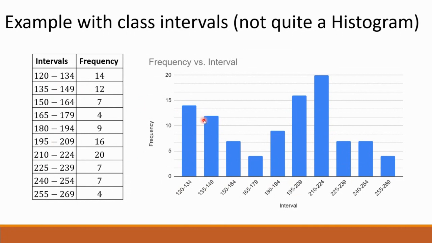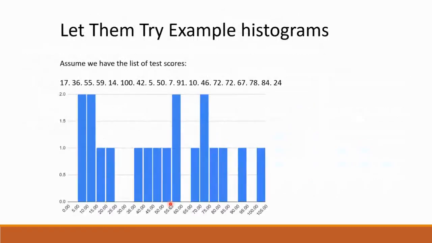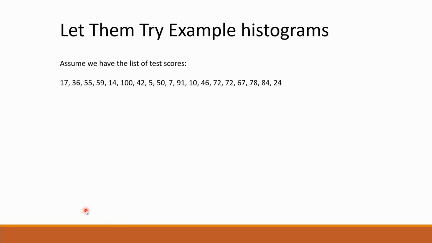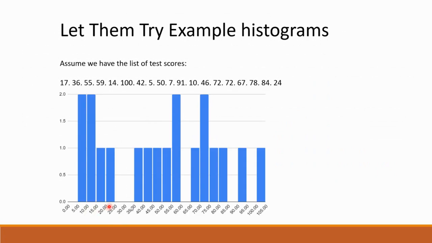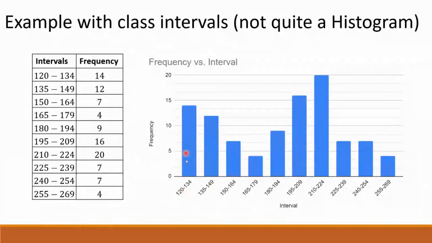So they have better pictures in the book. But I'm just trying to say that instead of having numbers down here, you can have intervals below the rectangles instead. Some people do that. They have to be equal in length. You can see here that each of them is 14 units long. I think there has to be between 5 and 20, but it depends on how much data you have.